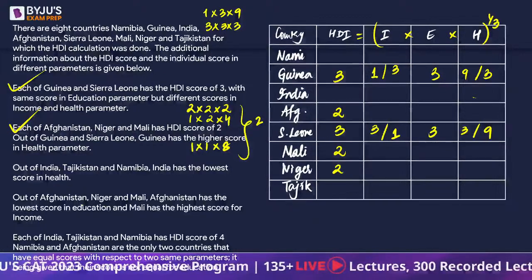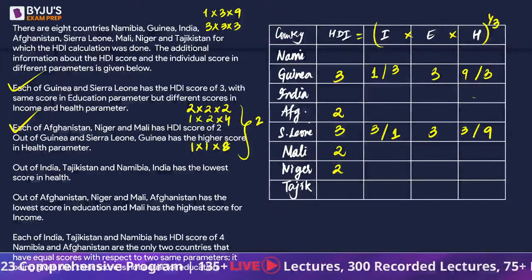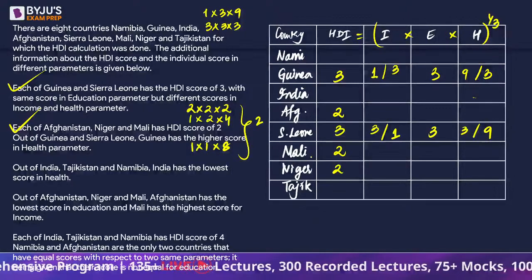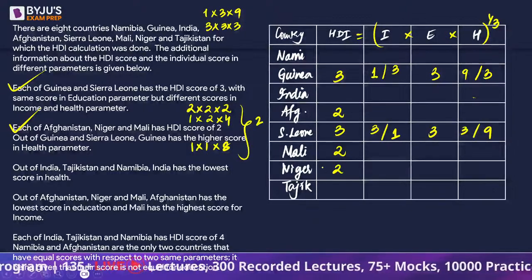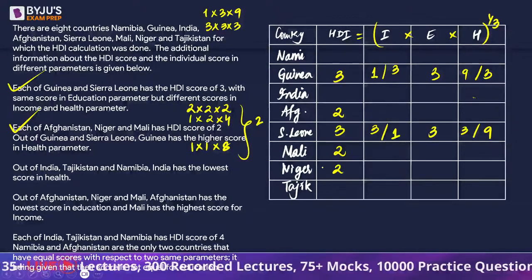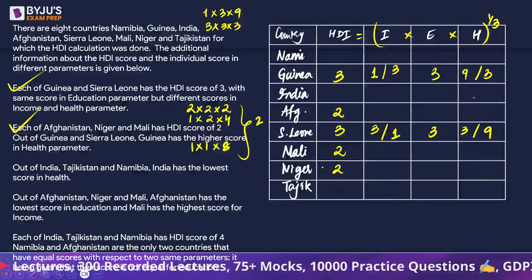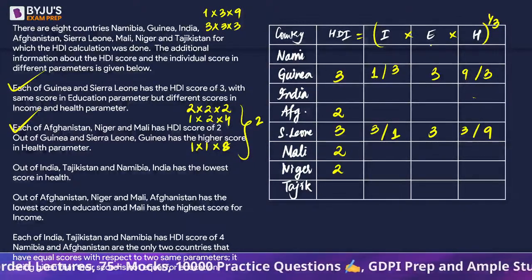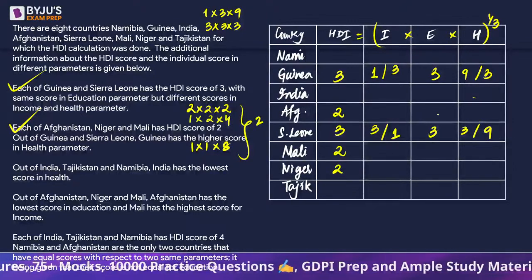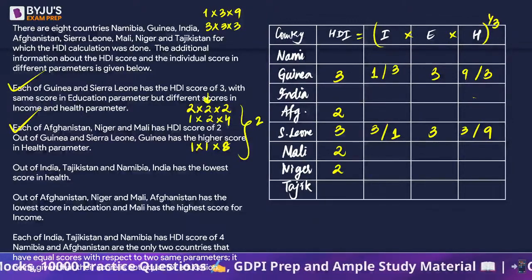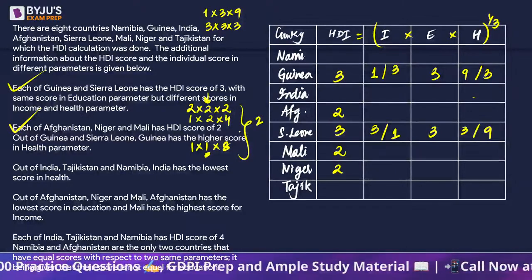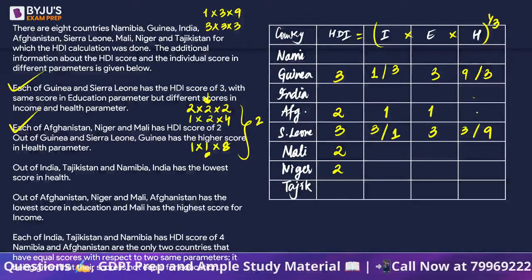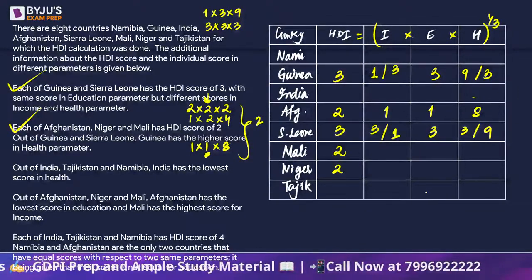Next, out of Afghanistan, Niger and Mali, the three countries whose SDI is 2, Afghanistan has the lowest score in education. So can we say यहाँ पर वो number आना चाहिए middle में जो सबसे छोटा है. So Afghanistan का it's going to be 1 into 1 into 8. Right?